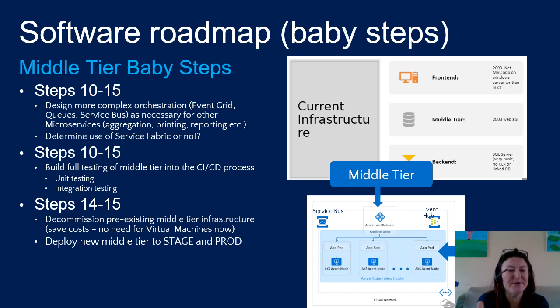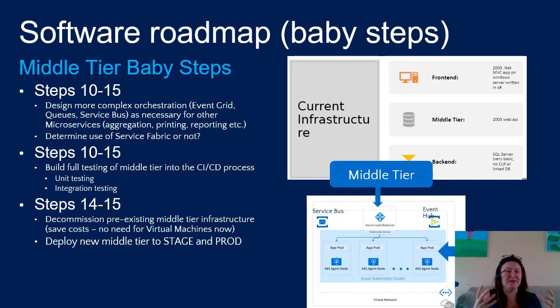And then the last few steps for the middle tier baby steps are decommissioning any existing middle tier infrastructure that you no longer need. So the big monolith probably used a great deal of resources and cost a great deal of money, and now you can get rid of a lot of that, and you can start thinking about maybe using reserved instances to save money and stuff like that.